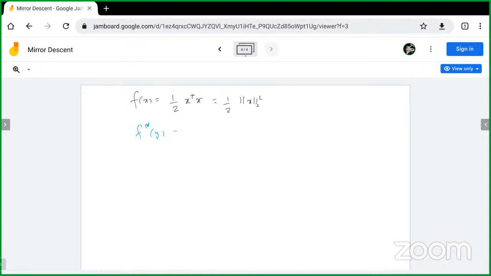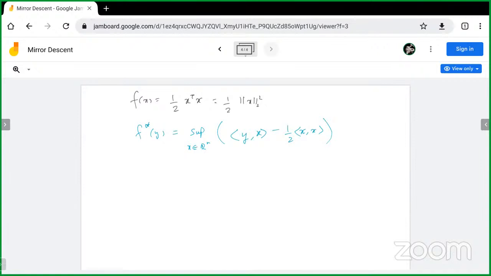Y is also now a high dimensional object. Is it the same dimension? Then it is the inner product of y and x minus that. So let's see. Any idea? You guys try.